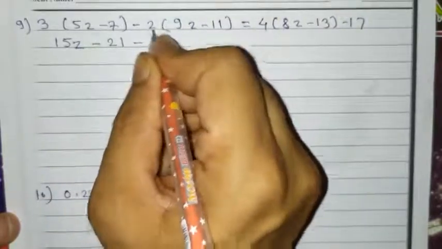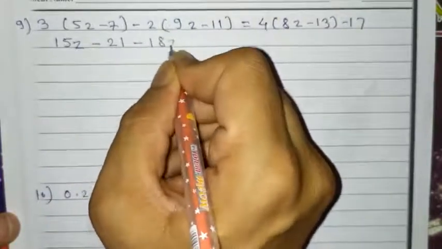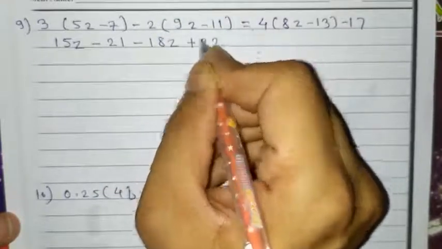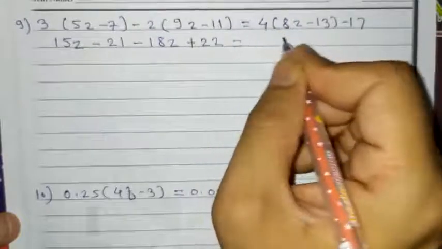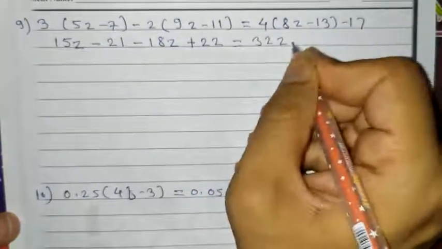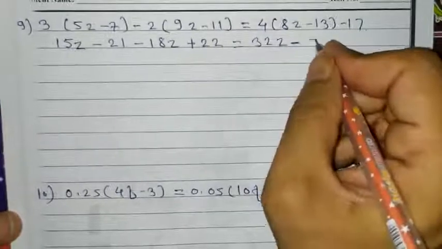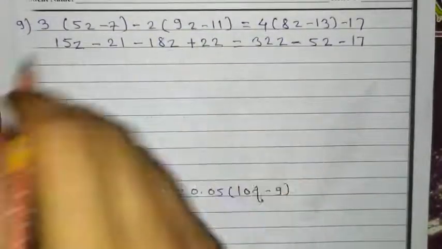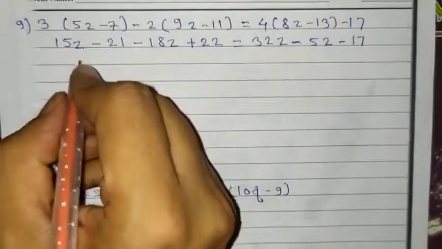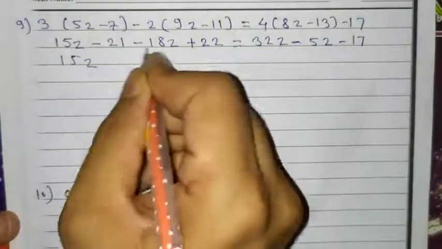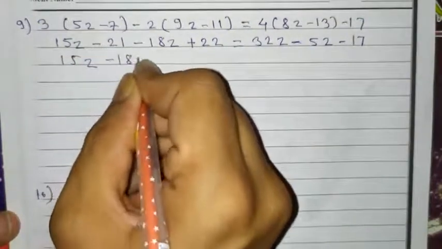Here minus 9 into 2 is 18z, minus minus plus, and here 11 into 2 is 22. 8 into 4 is 32z, here the minus sign will be there. 13 into 4 is 52, minus 17 as it is. Whatever the variable terms are there, you can take them nearer. So 15z, here it is minus 18z.